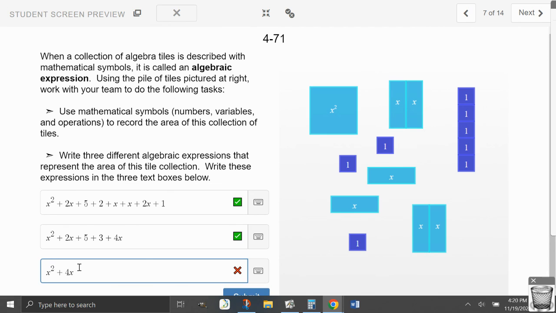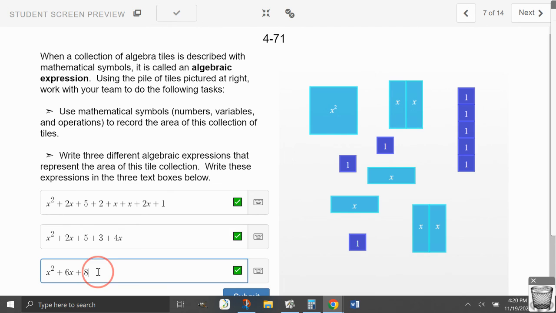Plus all of those dark unit tiles: there's 5 on the right, 6, 7, 8, plus 8. X squared plus, oh wait a second, I got the 4x wrong. There are 1, 2, 3, 4, 5, 6 x's. 6x, there we go. X squared plus 6x plus 8 is the easiest way to write all of these tiles.